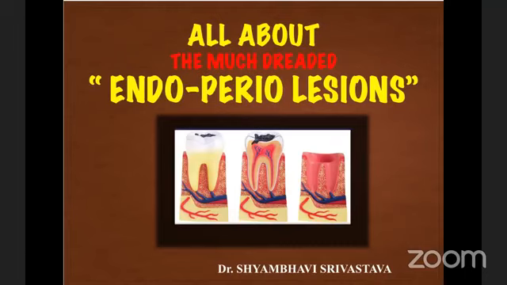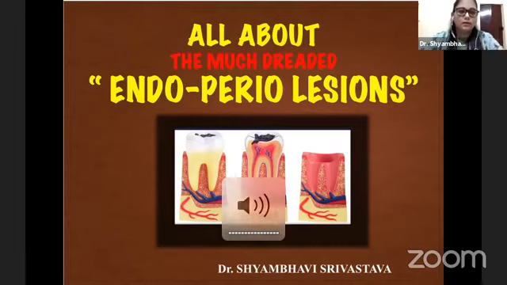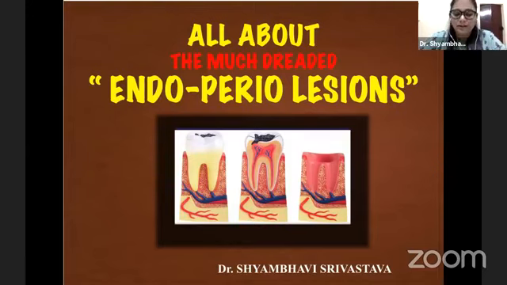So, a very good afternoon to everyone who's becoming a part of the session. So today we'll be talking about something that is known as endoperio lesions. Endoperio lesions are basically a combination of both endodontic lesion and a periodontal lesion.